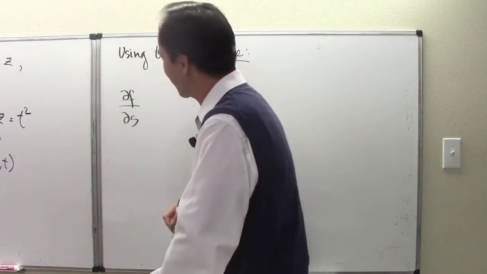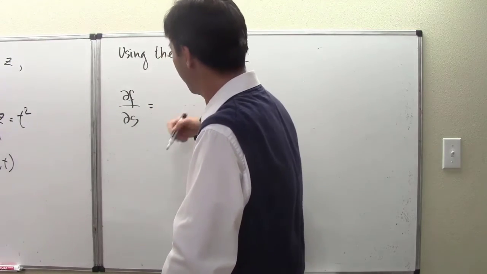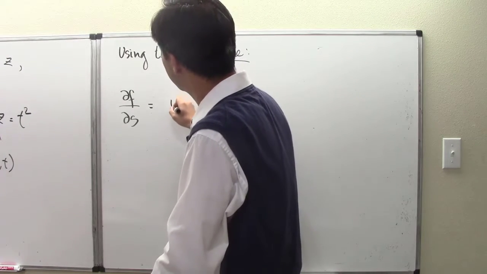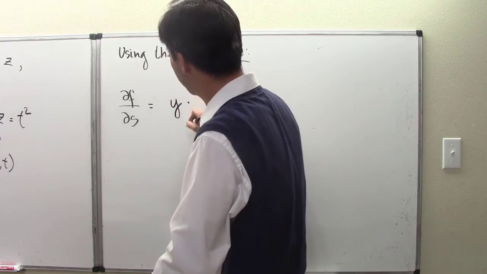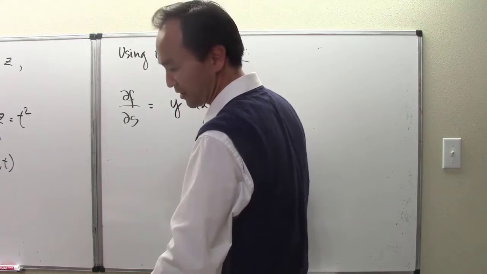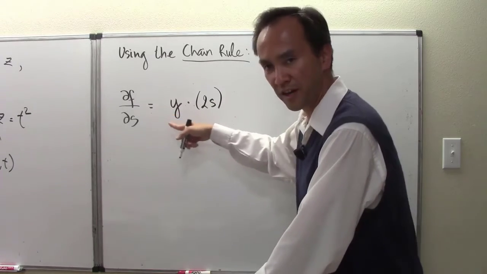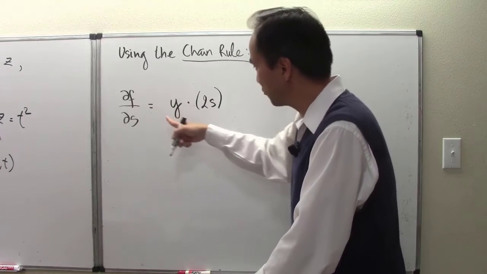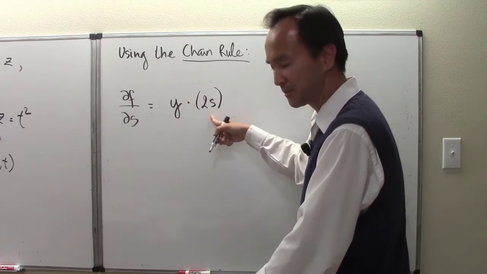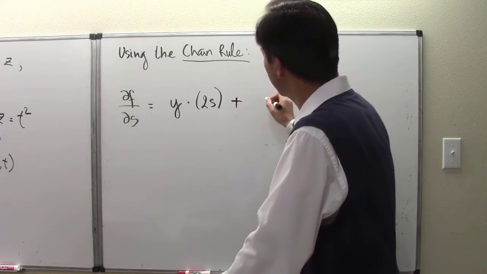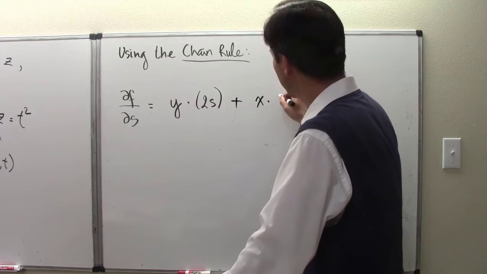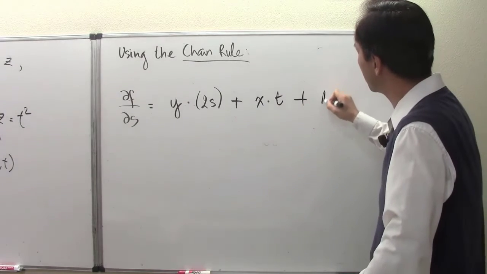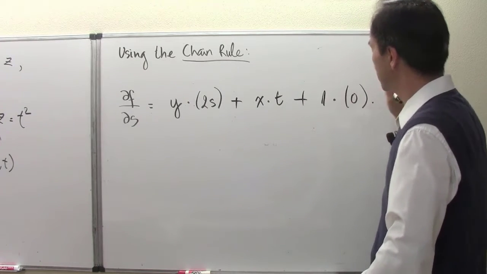I'm going to have y times 2s, and I'm on my way of finding df ds. So this partial derivative will equal y times 2s, plus x times t, and then plus 1 times 0.